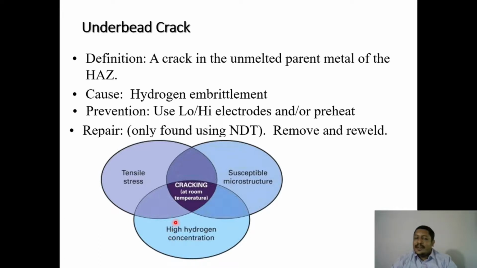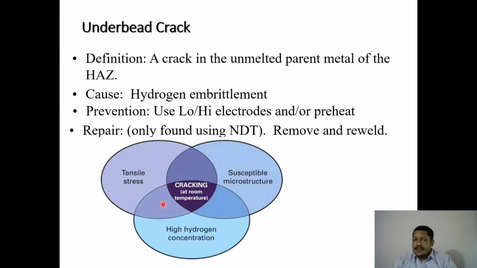When the liquid metal is getting solidified, hydrogen will be present there. When it solidifies, hydrogen will escape from that area and create a pore, which normally will continue in the form of a crack. So hydrogen embrittlement is normally called the underbead crack.